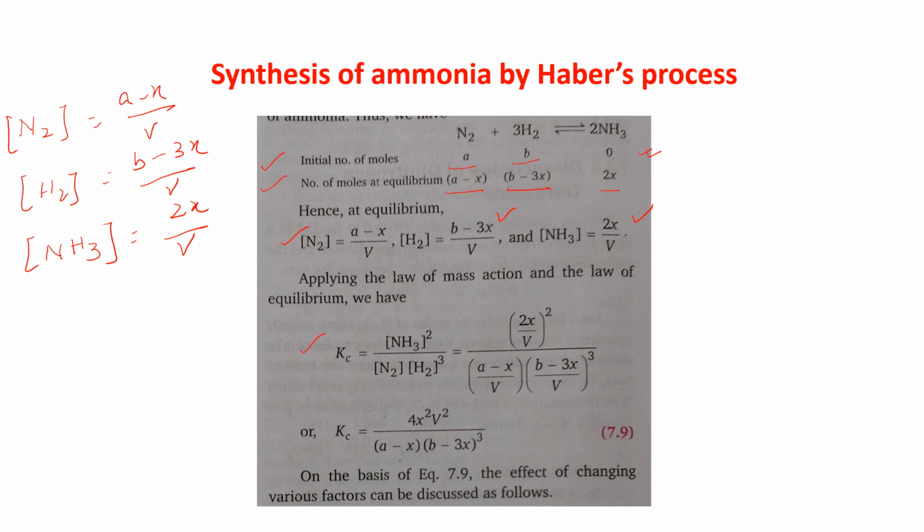With the stoichiometry you have to write that and just put the concentrations here, and after calculation you will get this. Do this calculation and see whether you are getting this or not.